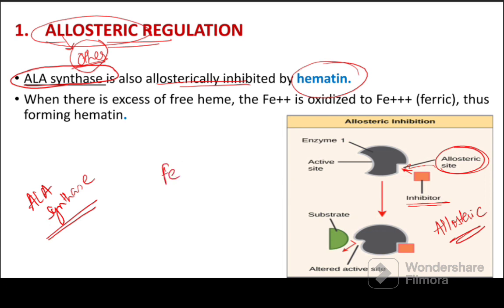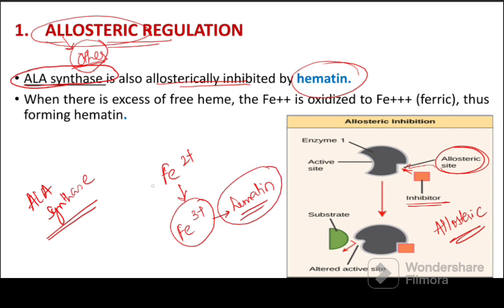So Fe2+, if it is oxidized, forms Fe3+, and this Fe3+ is called hematin. If in the body there is excess of free heme, the Fe2+ will get oxidized to Fe3+, which is otherwise called hematin.